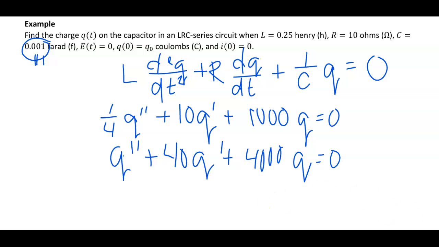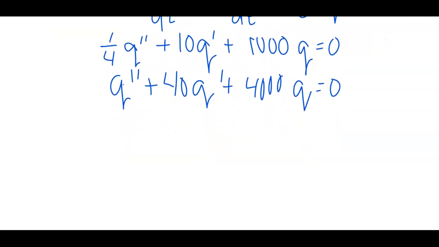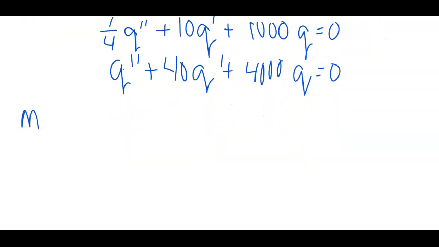And so I need two numbers that multiply to 4,000 and add to 40. I don't think that there are going to be any, right?